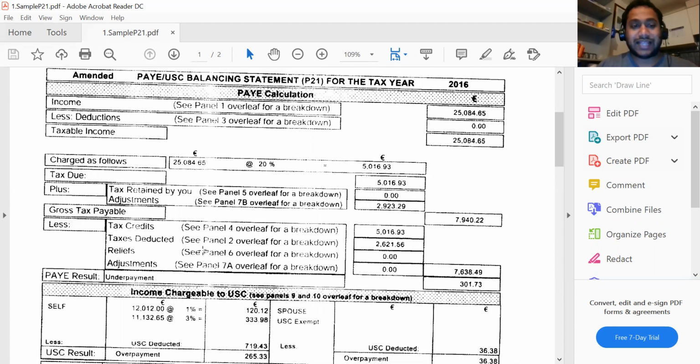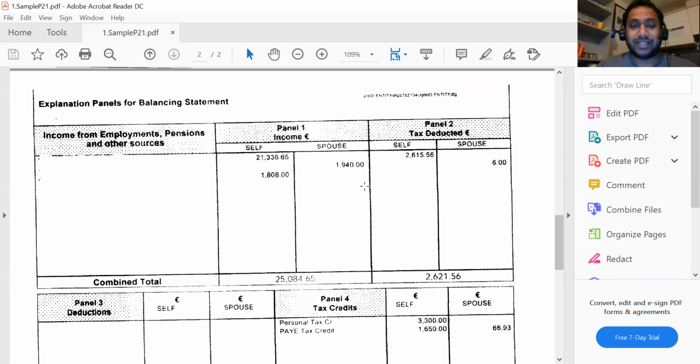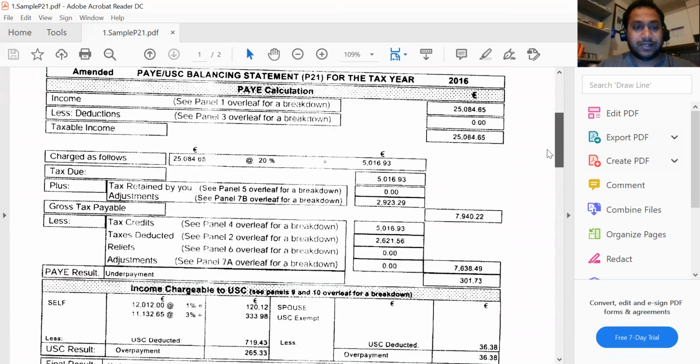And if you see here, tax deducted, these would be the taxes you paid to the government, and panel 2 has that information. If you go to panel 2, you can clearly see the taxes. The tax deducted for self is 2615.656, whereas for the spouse it's €6. On the left, you have the income of the people involved in this statement of liability.